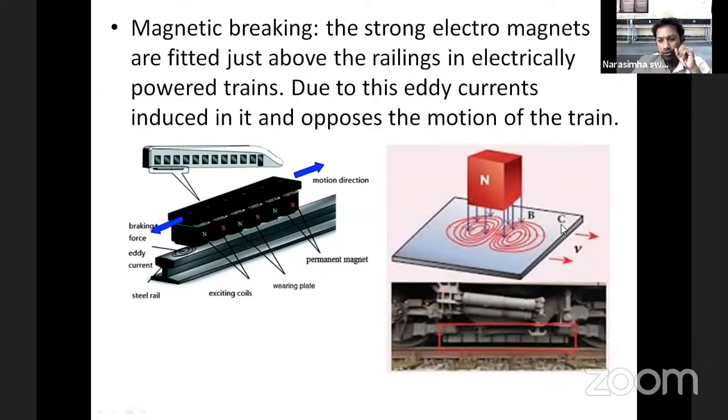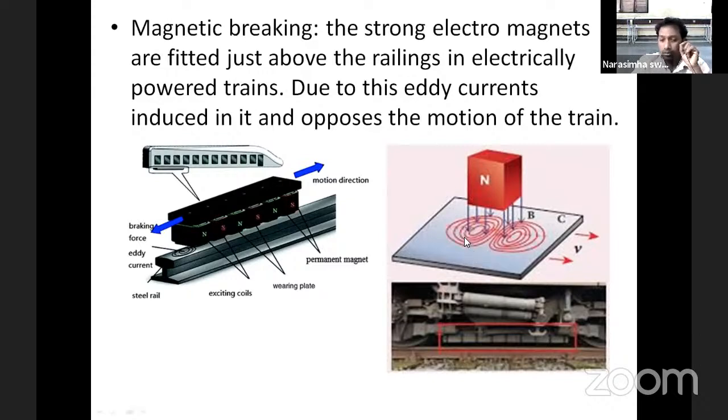Here also you can see a metallic plate. While it is moving, the surface area changes, then the magnetic flux changes. Whenever there is a change in magnetic flux, eddy current will be generated in the metallic block. The function of the eddy current is to oppose the cause. What is the cause here? The motion of this metallic block.